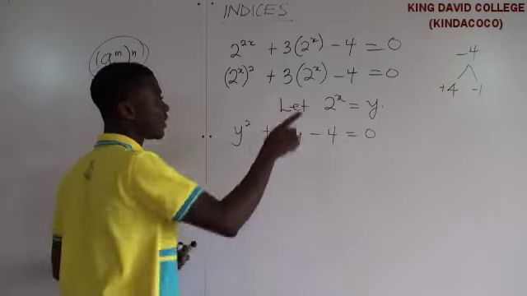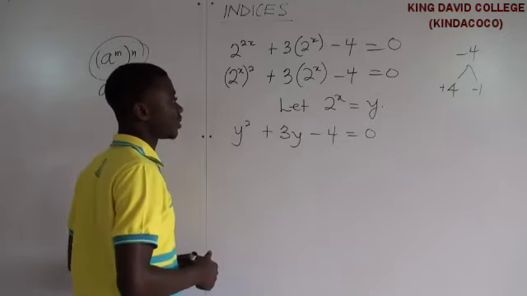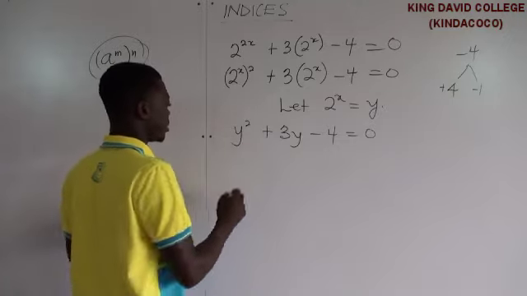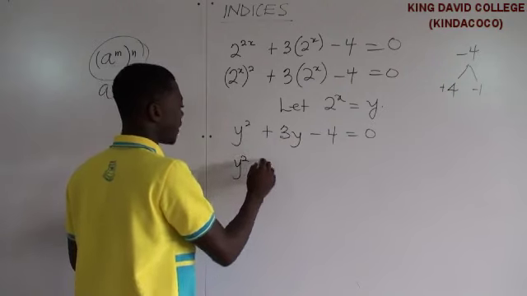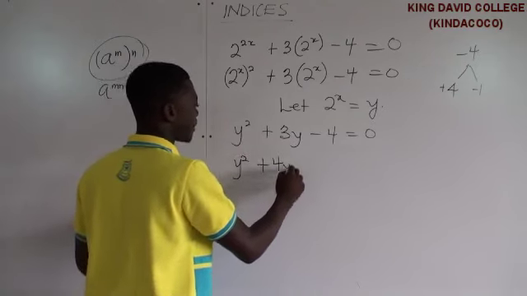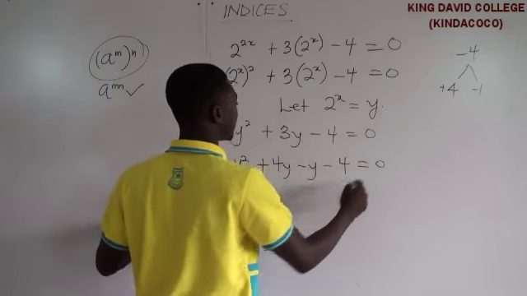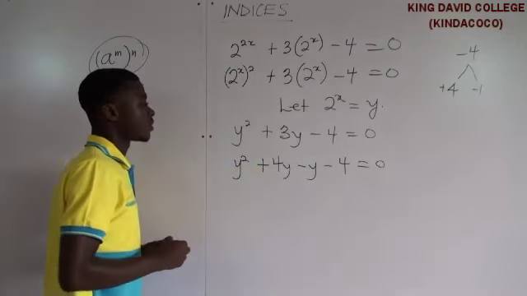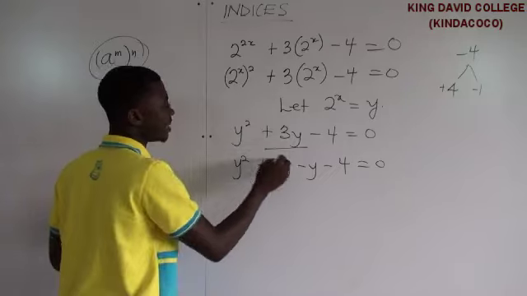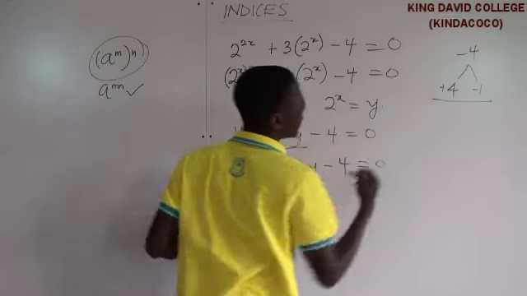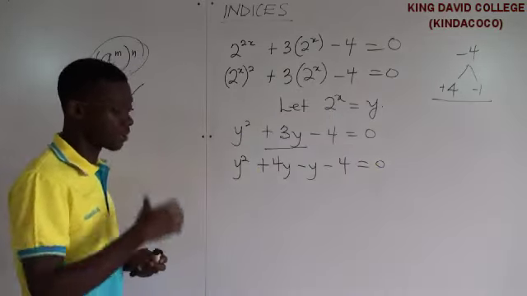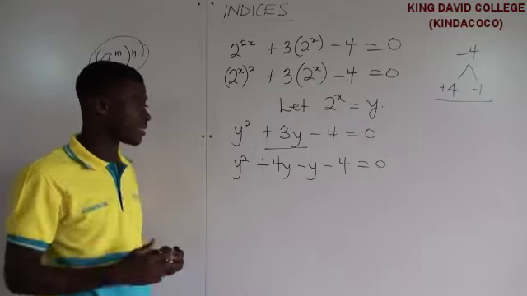You can check out our video on that. You get more understanding. So this is going to be y squared plus 4y minus y minus 4 is equal to what? 0. So instead of writing this, I'll replace it by the factors.